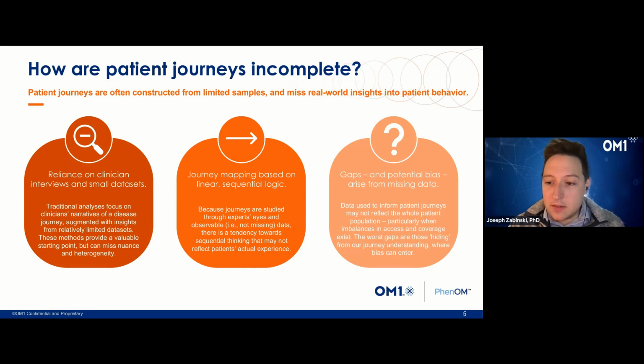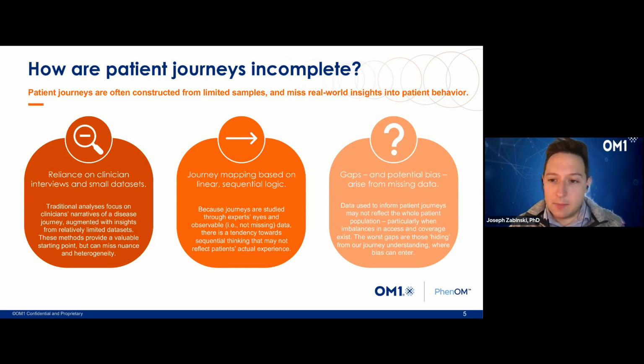The more insidious form of missingness is when we're not even aware that data are missing, right? When we summon a cohort of patients who are diagnosed with a particular condition, and we don't know that, in fact, there are meaningful other groups of patients who have the same condition, but because they're not accessing care, or because their care is being provided but their data are not making it to our analysis, we're just unaware of them completely.